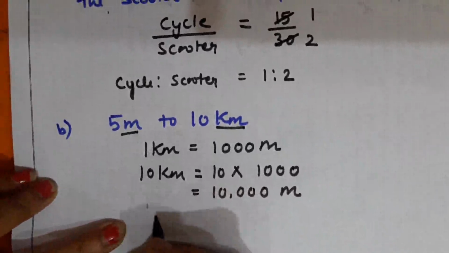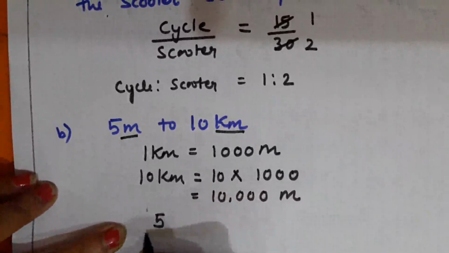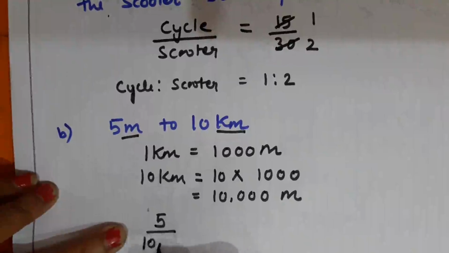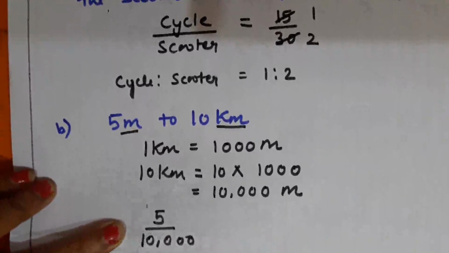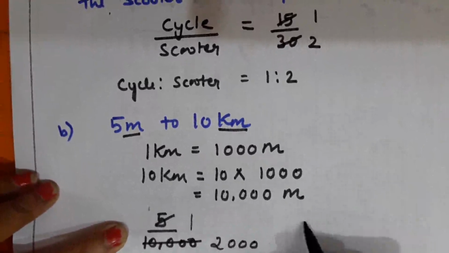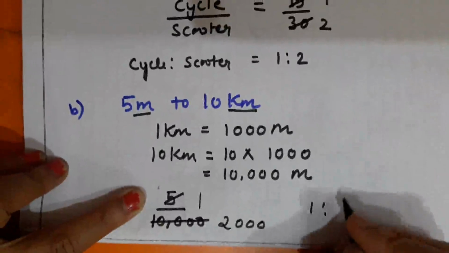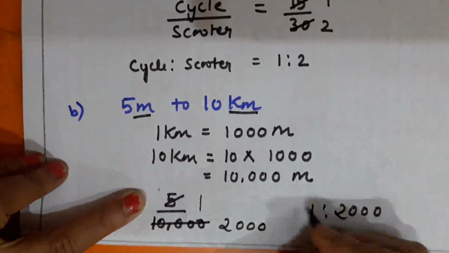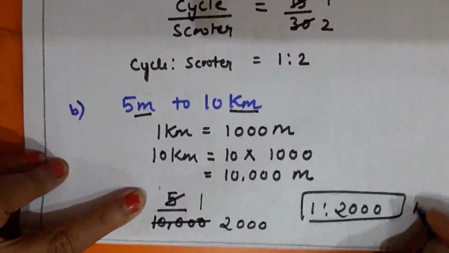So you have to calculate 5 upon 10,000 in ratio. So you will get 1:2000. So this will be your answer.